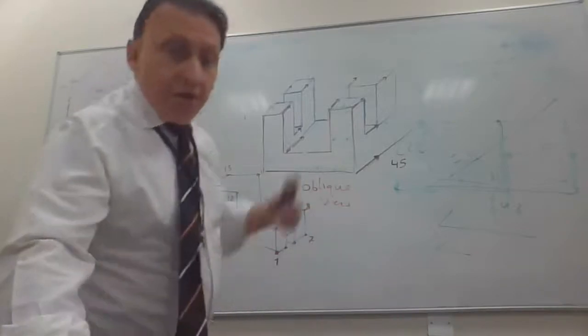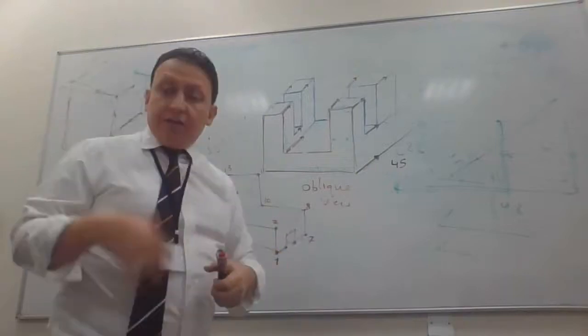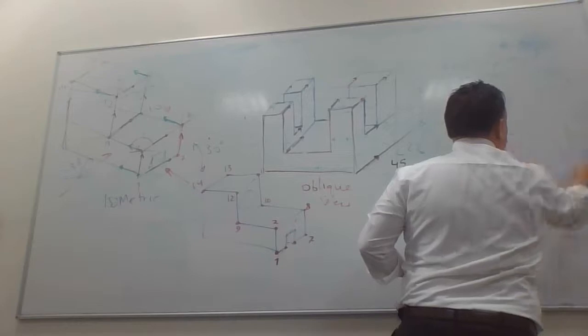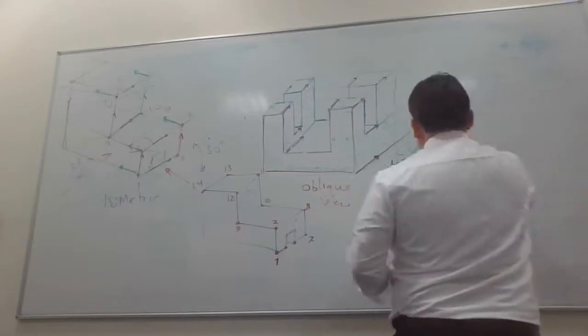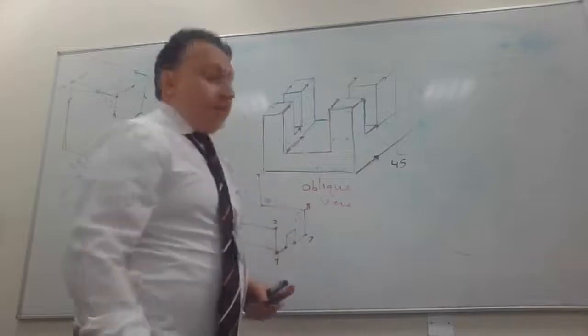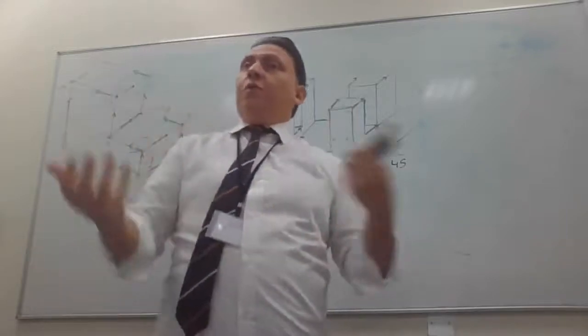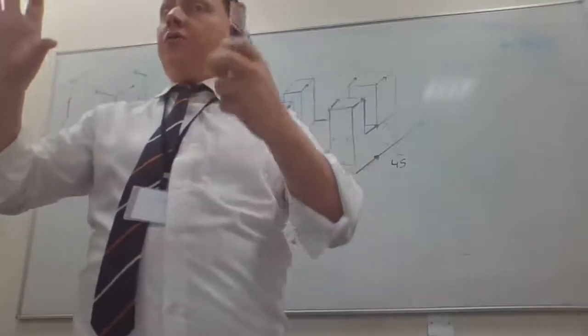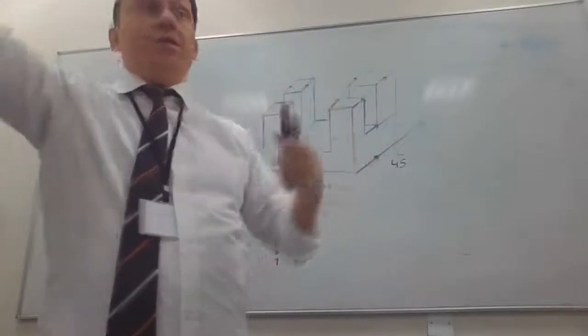For this lecture, you have another view. You have to use another view, which is called the perspective view. The perspective view is based on how you look at the object. You have an object, and how are you looking at this object? Are you looking at the object from this side, from this side, from this side?